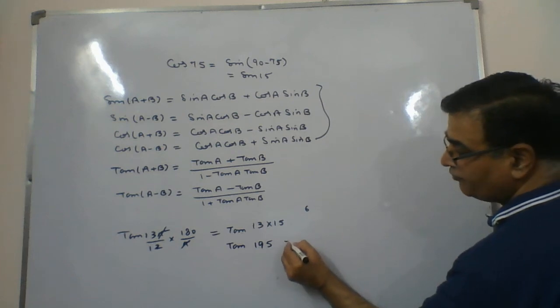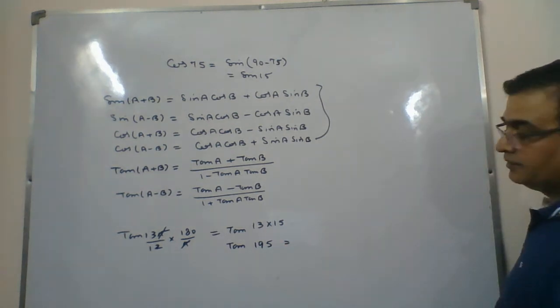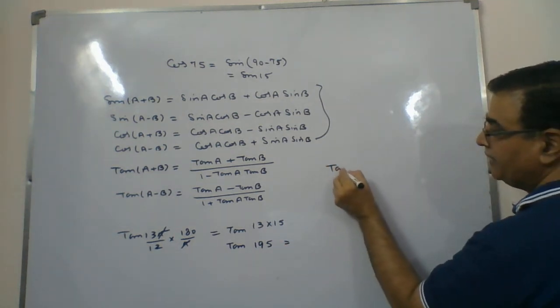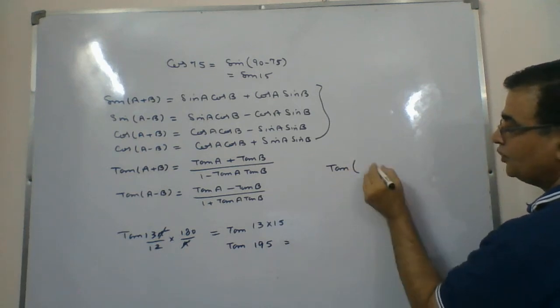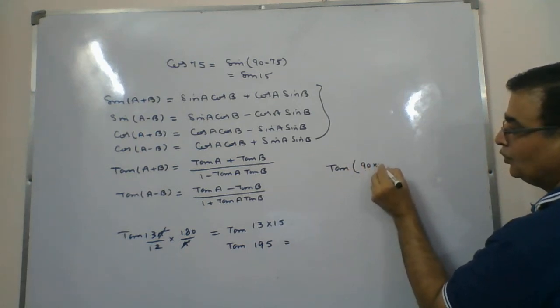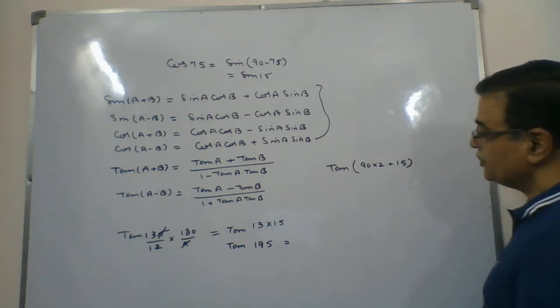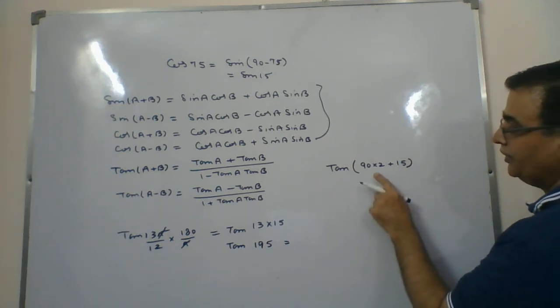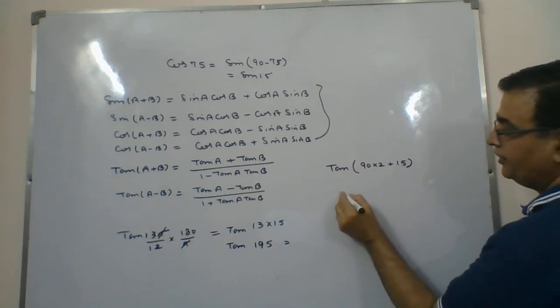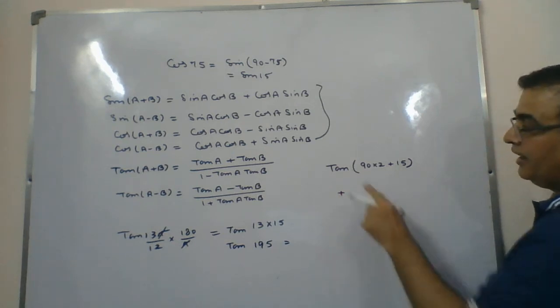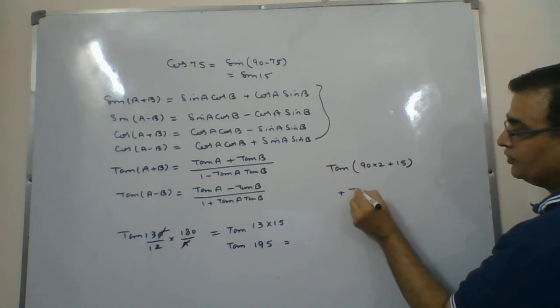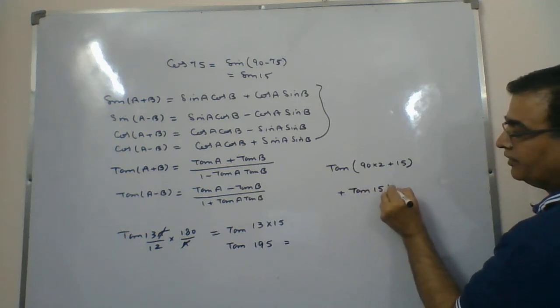And 195, now how to solve it? Better will be, we will make this an acute angle by doing this way. 90 into 2 plus 15. Now which quadrant will it be? Third quadrant. In the third quadrant, tan remains plus. And it is an even multiple, so it will come out to be tan 15 degree.